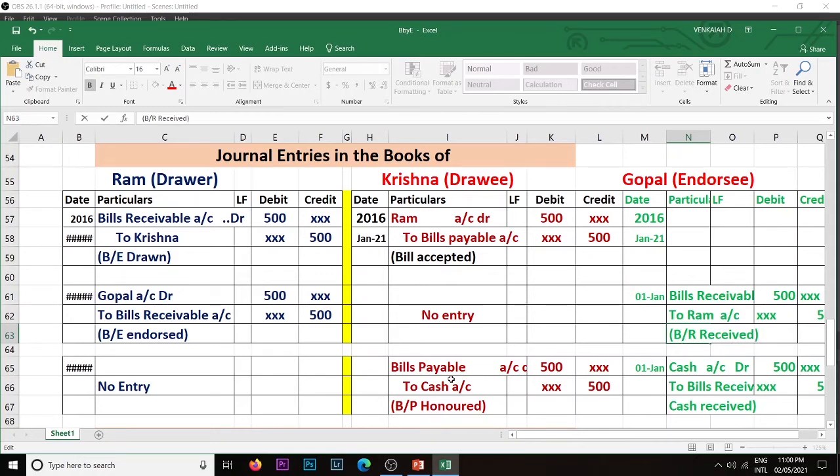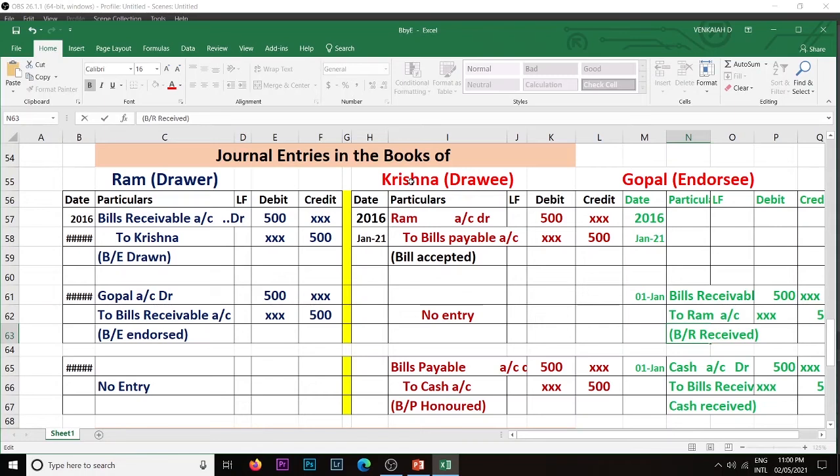On the due date, the bill is honored. Krishna accepted, promising that he will pay after 4 months through Canara Bank. So he paid the money against the bills payable: bills payable to cash. Now the bill is with Gopal. Gopal received the money: cash account debit to bills receivable account.